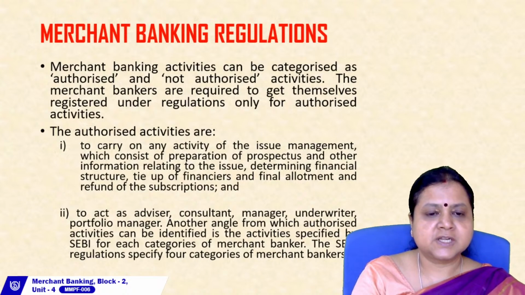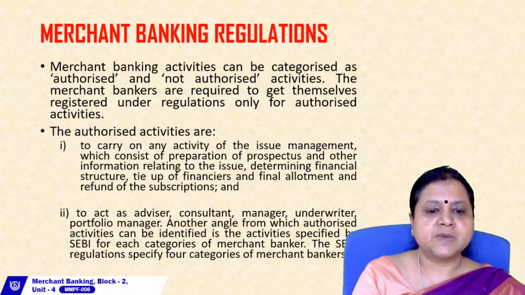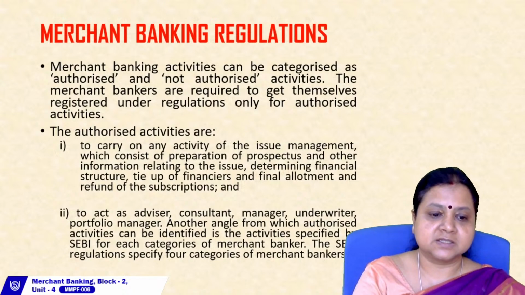Another authorized activity is to act as advisor, consultant, manager, underwriter, portfolio manager. Another angle from which authorized activities can be identified is the activity specified by SEBI for each category of merchant banker. Now SEBI has demarcated the activities by classifying the merchant bankers into four basic categories.